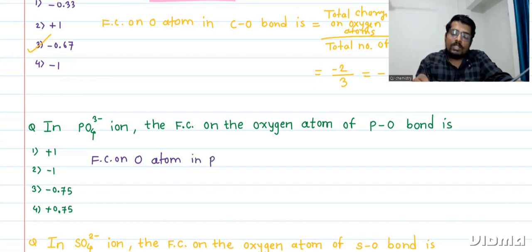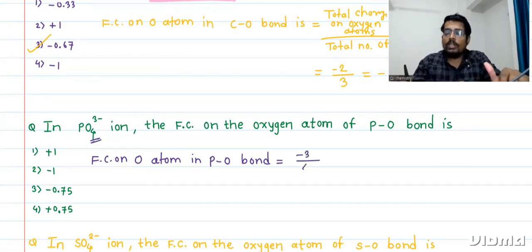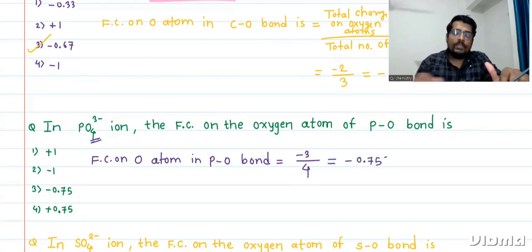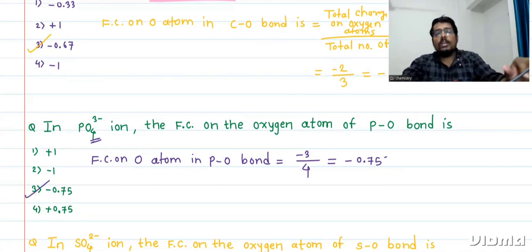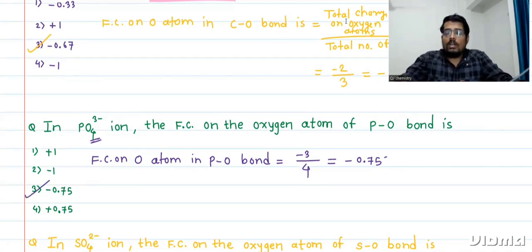What is the total charge on oxygen? The total charge on oxygen atoms is minus 3, and how many oxygen atoms are there? Total 4, right? So the formal charge is equal to minus 0.75. Minus 0.75 is the average charge on each oxygen atom in the phosphate ion.